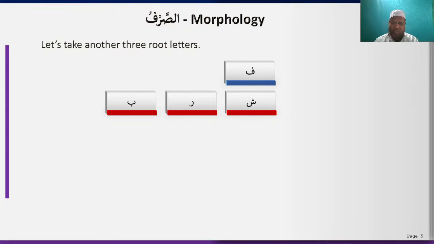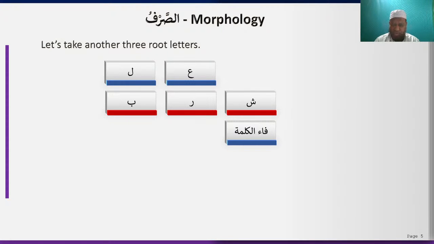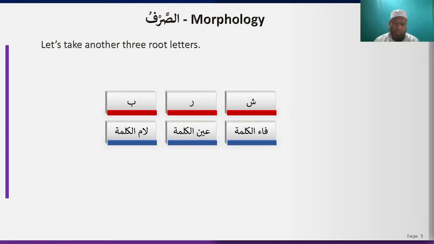Shin comes in place of Fa, the Ra in place of Ain, and the Ba in place of Lam. So the Shin is called Fa'ul Kalima because it's in the place of Fa. The Ra is called Ainul Kalima because it's in place of Ain. And the Ba is called Lamul Kalima because it's in the place of Lam. With this, we can make a fi'l, provided we know the haraka on the Ainul Kalima. It becomes Shariba, drink.